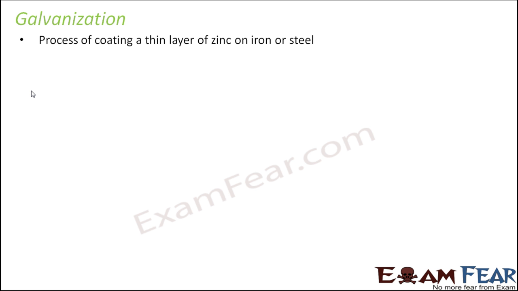So now we will talk about a process called galvanization. So here what we do is the process of electroplating for the purpose of protection. So galvanization is the process of coating a thin layer of zinc on iron or steel. Now why do we do this?